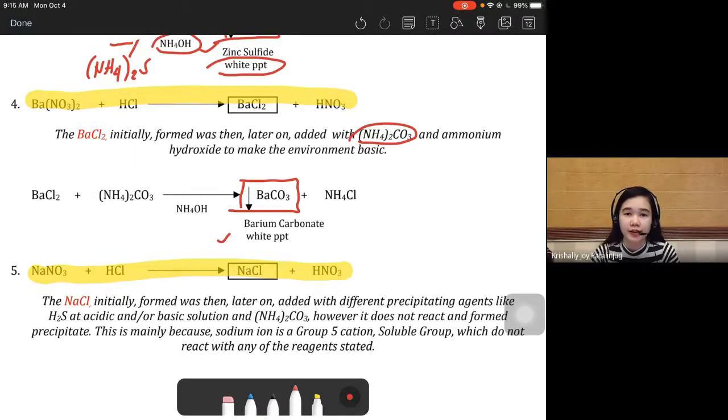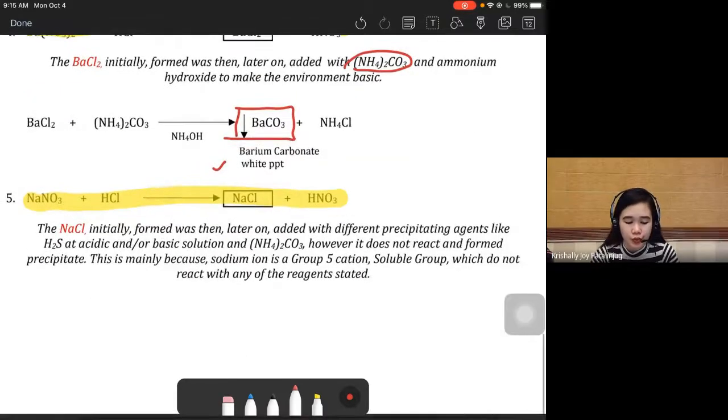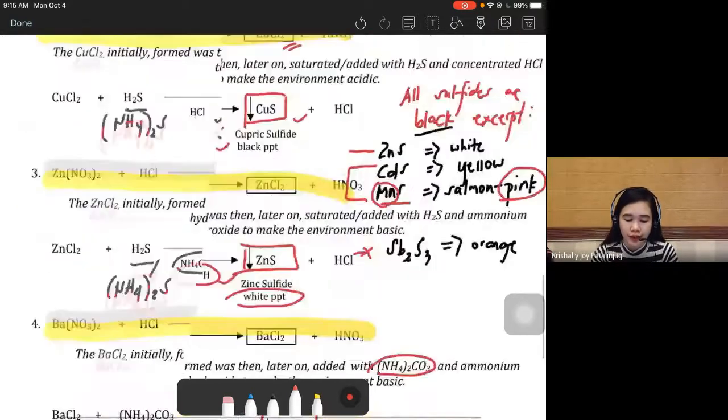So na-extract na lahat, na-separate na lahat yung mga ions. Yung mismong natira, yung hindi nag-precipitate out, yun yung sodium. Sodium ion, since it is a group 5 cation, it will never react with any of the reagents being used in the chemical reaction.